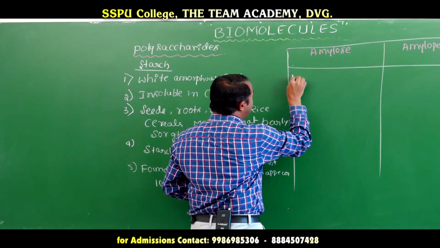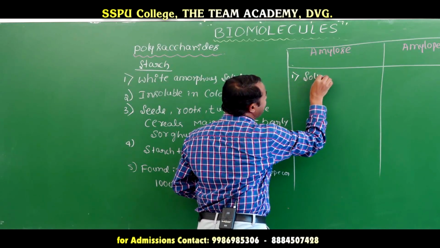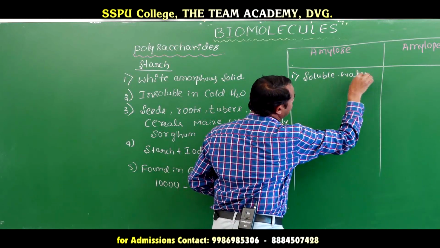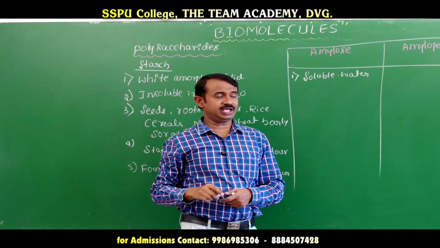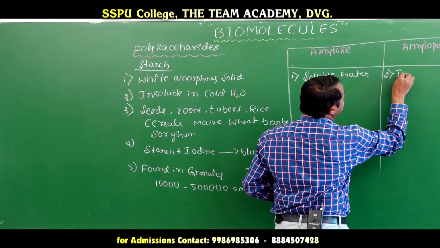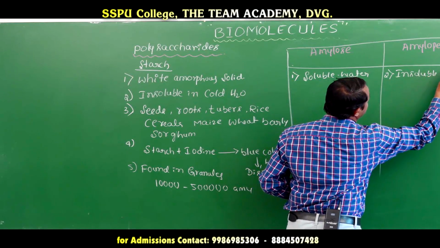First, amylose is freely soluble in water. Second, amylopectin is insoluble in water.